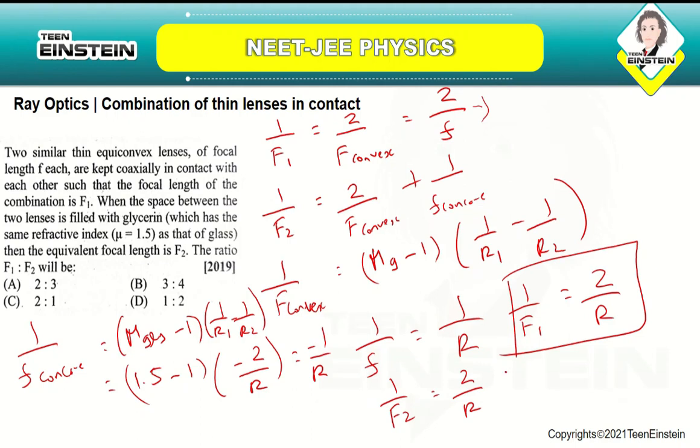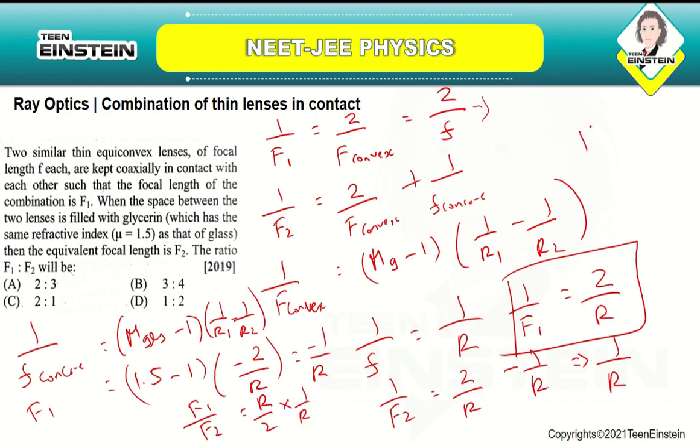Similarly, 1 by f2 is equal to 2 by r minus 1 by r, because 1 by f concave is minus 1 by r. So you will be getting 1 by f2 as 1 by r. Now f1 by f2 is equal to r by 2, because f1 is r by 2 and f2 is r, so into 1 by r.